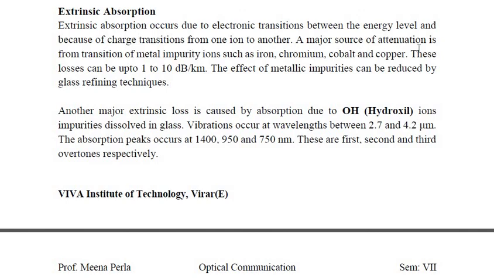A major source of attenuation is from transitions of metal impurity ions such as iron, chromium, cobalt and copper. These losses can be up to 1 to 10 dB per kilometer.